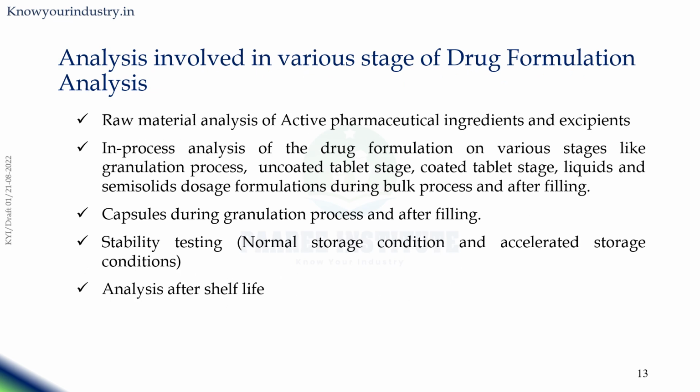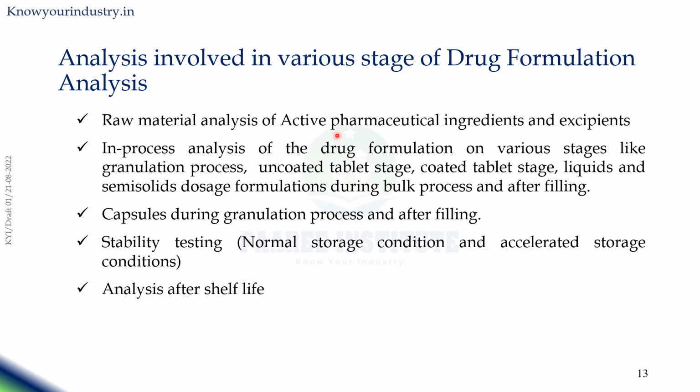There are some specific tests used to evaluate the drug formulation at various stages of development. That includes the API and the excipients procured for the development process, which is called raw material analysis.